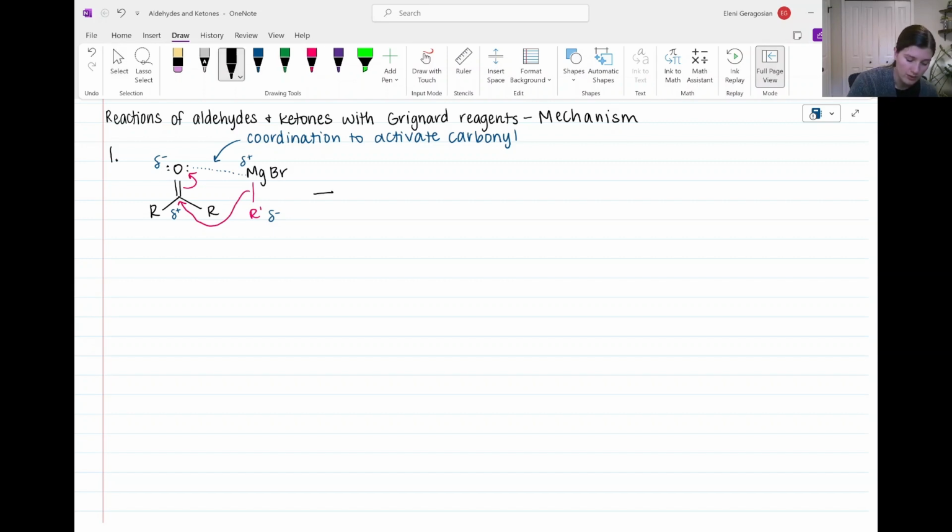So the result of this reaction, we have our R groups are the same. Our oxygen in the original ketone or aldehyde molecule has owned an extra pair of electrons now, so it has a negative charge. And we've created a new bond to the R group from the organometallic reagent. Then we have magnesium bromide.